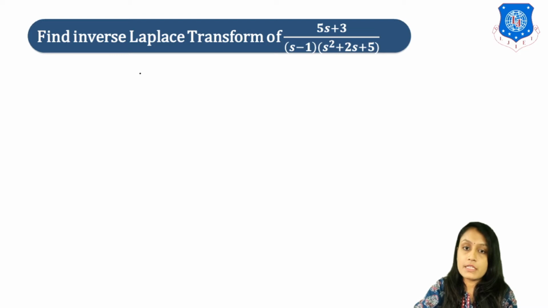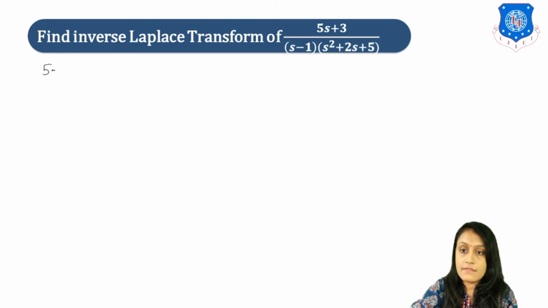Now let's solve one more example. So we have to find Laplace inverse of 5s plus 3 upon s minus 1 into s square plus 2s plus 5. Now you can see that here we have one linear term and one quadratic term.